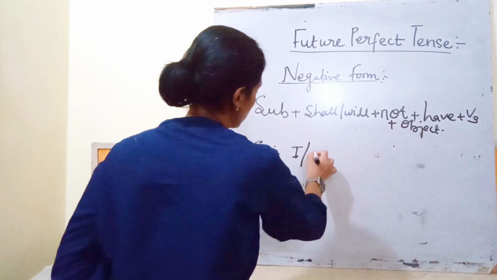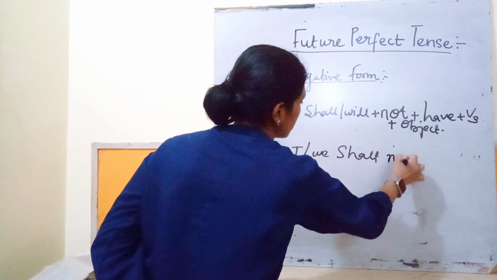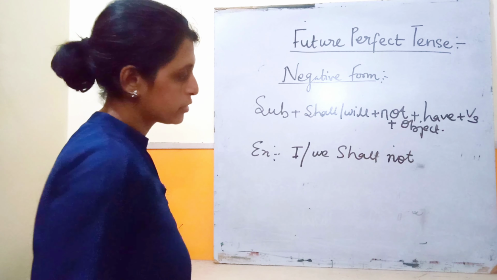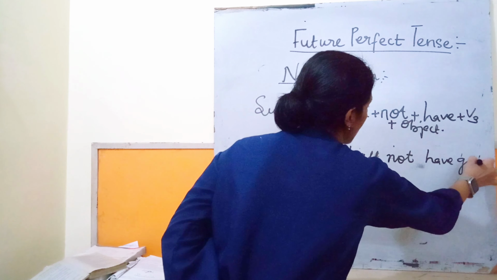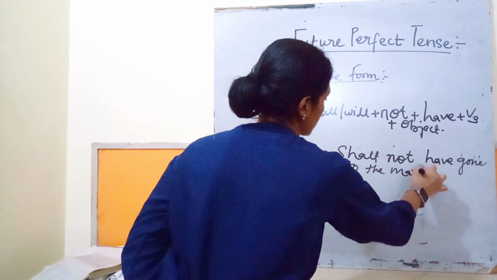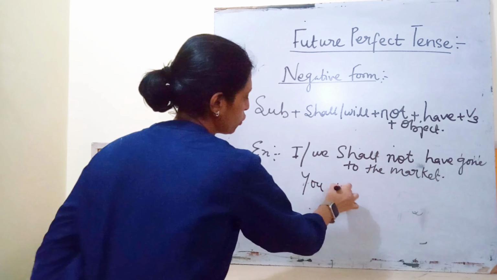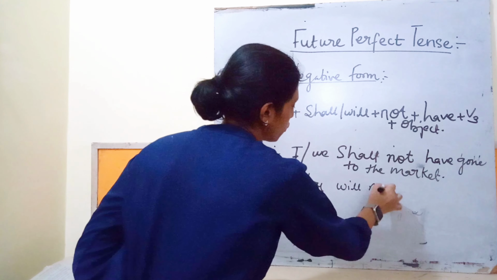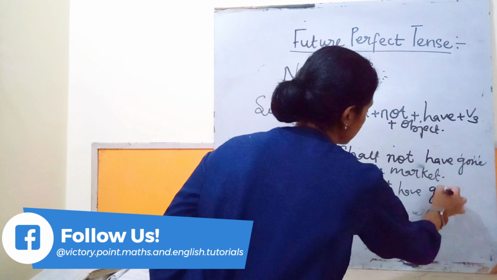Example, I or we shall, after shall not, because it is the negative form. Shall not have gone to the market. Likewise, you. With you, we will take will. You will not have gone to the market.